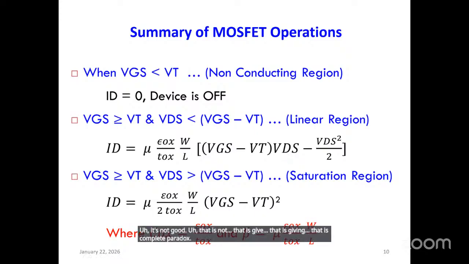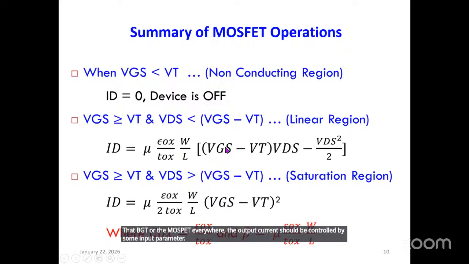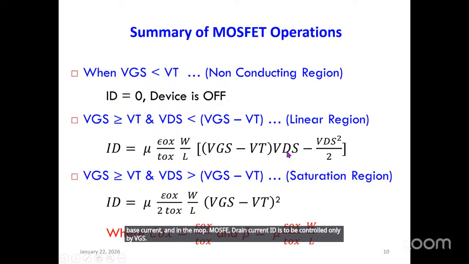We expect the MOSFET should behave in such a way that drain current should be controlled only by the gate voltage. That is what you expect from transconductance; scientists expected that in BJT or the MOSFET everywhere, the output current should be controlled by some input parameter. In case of BJT, the output collector current is controlled by the input base current, and in MOSFET, drain current ID is to be controlled only by VGS and not by VDS.